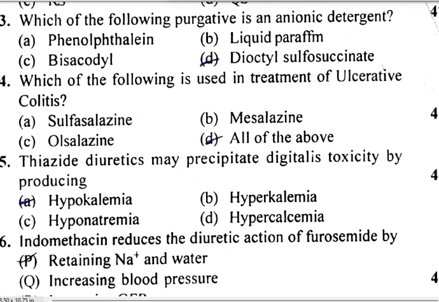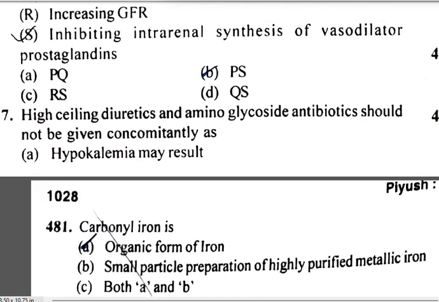That is dioctyl sulfosuccinate. Which of the following is used in the treatment of ulcerative colitis? Mesalazine, sulfasalazine, and olsalazine. Thiazide diuretics may precipitate digitalis toxicity by producing hypokalemia. Indomethacin reduces the diuretic action of furosemide by retaining sodium and water and inhibiting intrarenal synthesis of vasodilator prostaglandins.